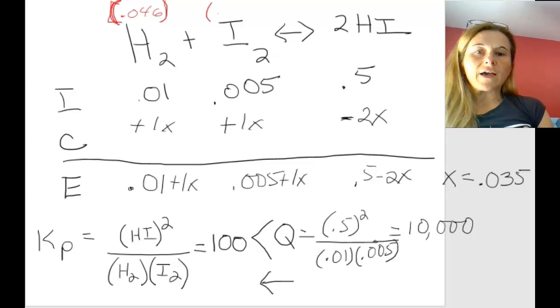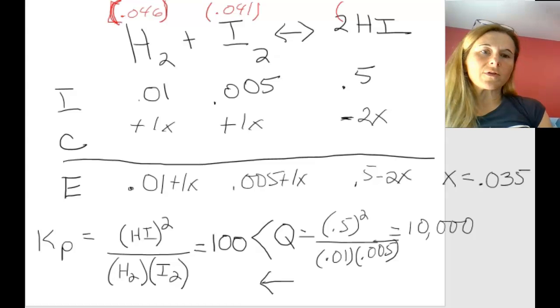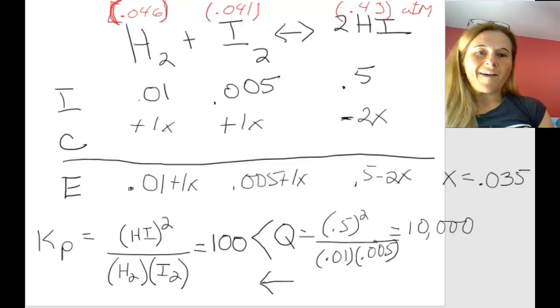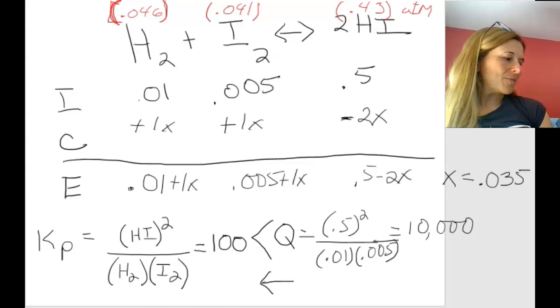And the pressure of iodine is 0.041 atmospheres. We are in atmospheres. And our pressure at equilibrium of hydrogen iodide is 0.43. All of those answers are in atmospheres. You should write the units each time. I've run out of room up there, so I'm kind of cheating a little bit.